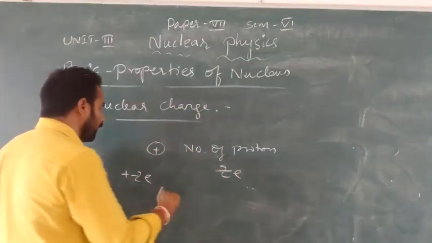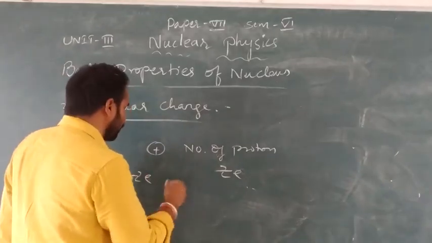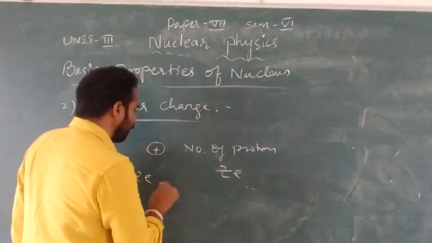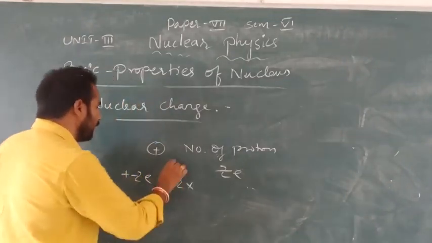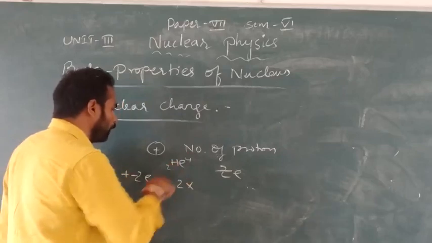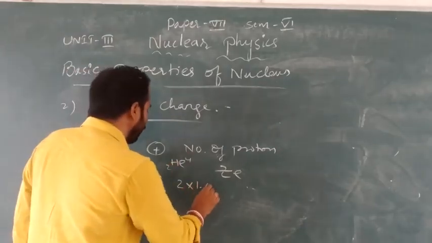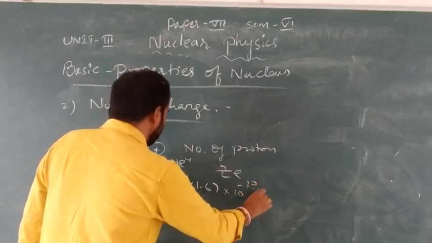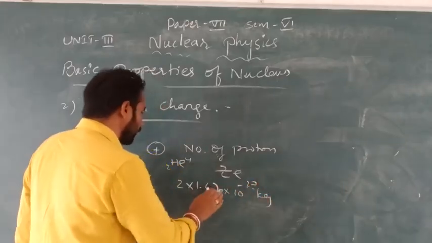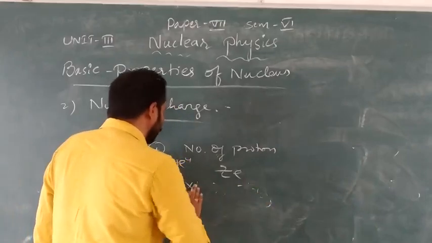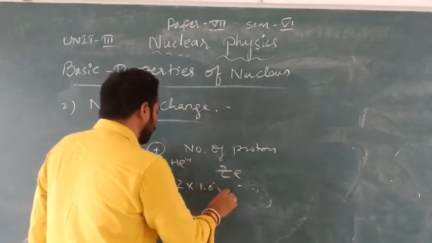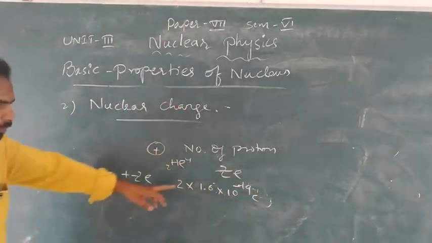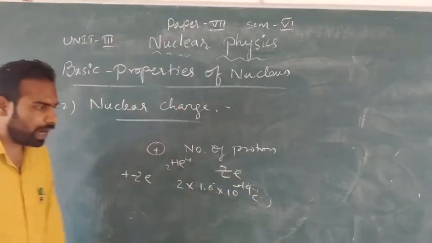For example, what is the charge on the helium nucleus? Z is the number of protons, and helium has 2 protons and 2 neutrons. So the charge is 2 into 1.6 into 10 power minus 19 coulombs, because the charge of a proton is 1.6 into 10 power minus 19 coulombs.